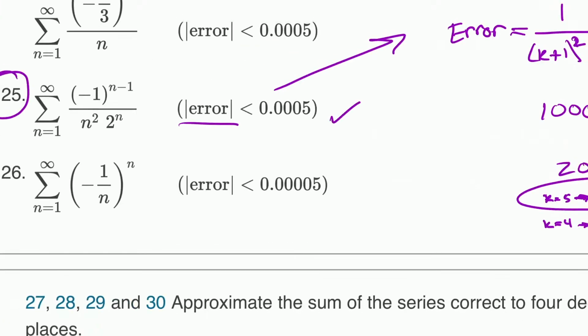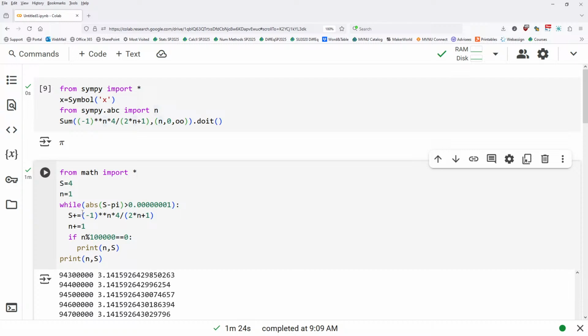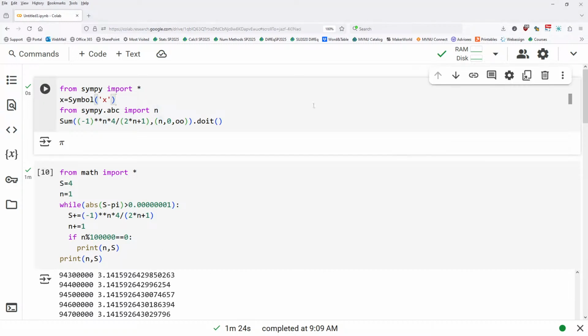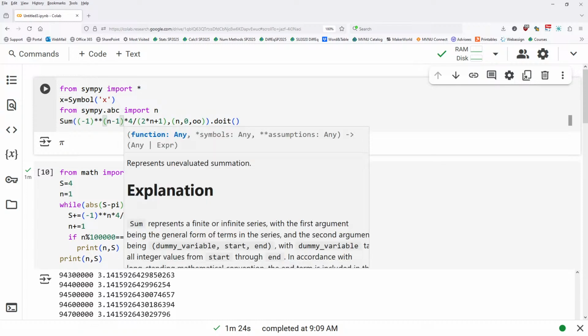Let's see if this one will work on my Python. I don't know if it will. Just a second. I need to be able to see this on both sides here. Okay, so I need the formula. It's going to be -1 to the n minus 1 times, oh yeah, I did this, by the way, ignore that.